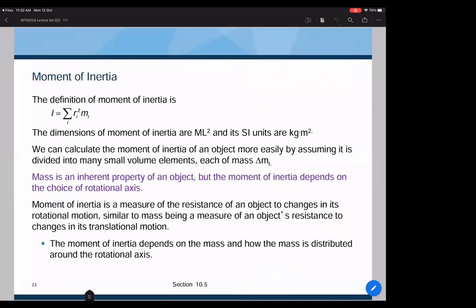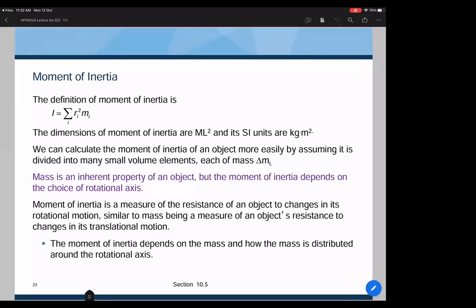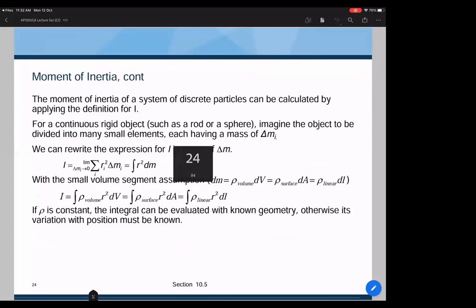So it depends on how the masses are distributed from the axis of rotation. Objects with masses that are further away from the axis of rotation would have a larger moment of inertia. And in most of the cases, we would have to resort to integration to calculate the moment of inertia. But luckily, here we would be focused on the use of the concept, moment of inertia.